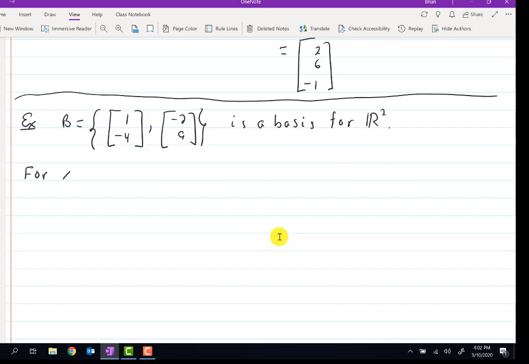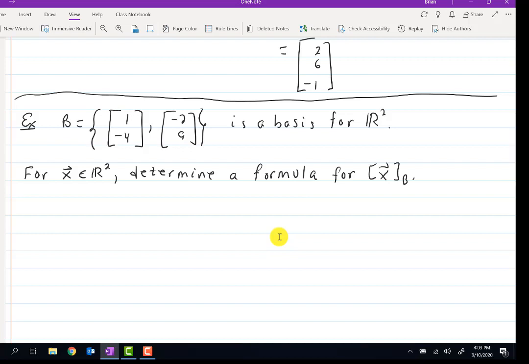For x in R2, determine a formula for x b.